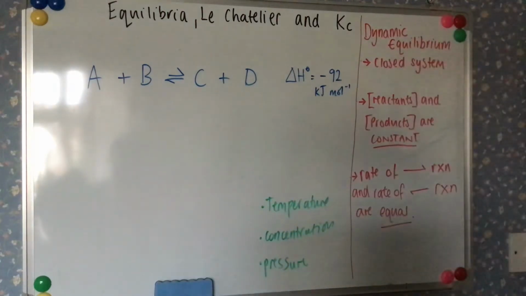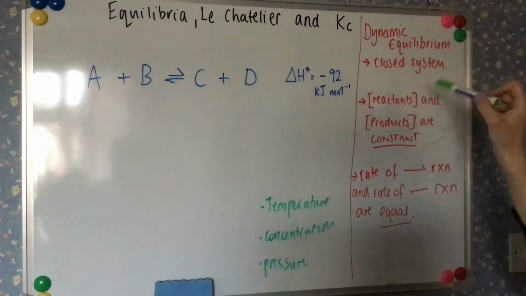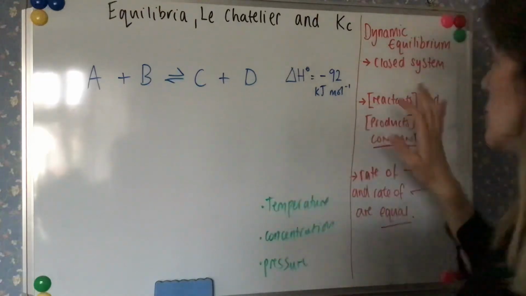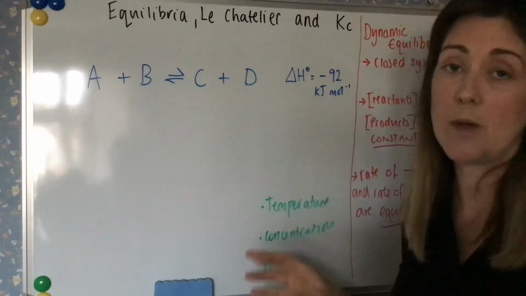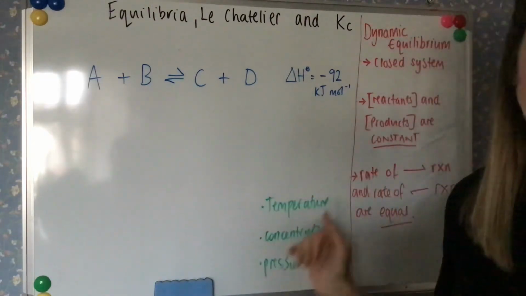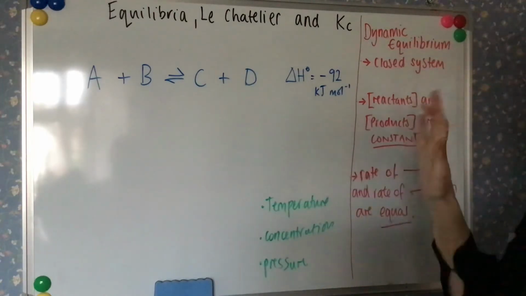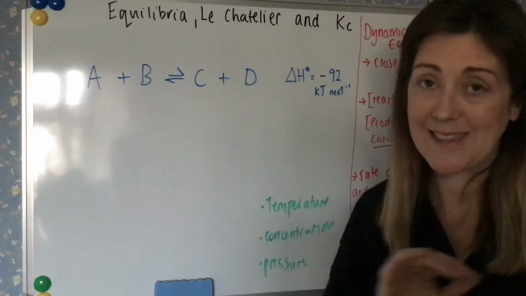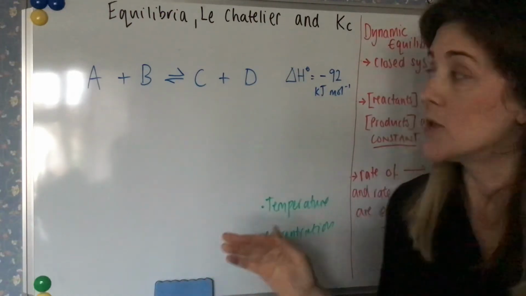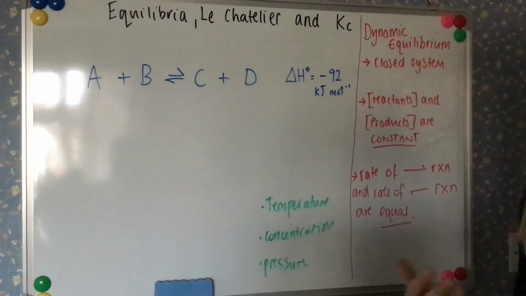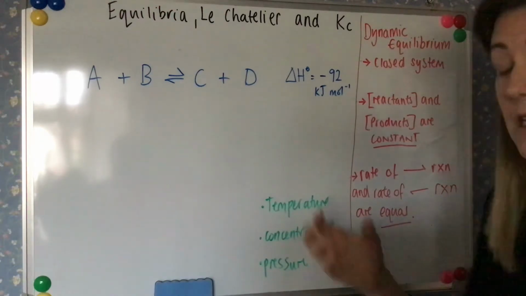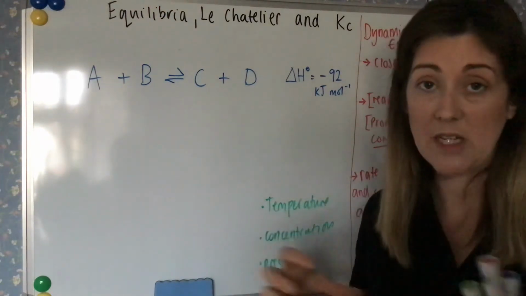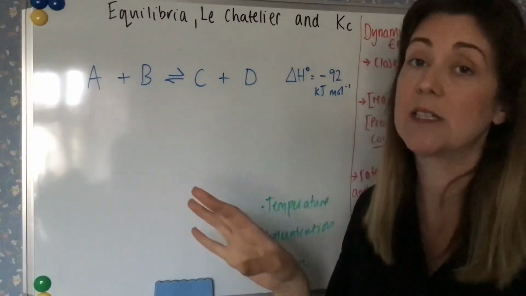Okay? The third bit of information you need to know is that in order for a reaction to reach dynamic equilibrium, it has to be a closed system. And what we mean by a closed system is that none of the reactants or the products can escape. So if it's a reaction involving gases, then you would have to have a lid or a gas syringe so the gas can't escape.